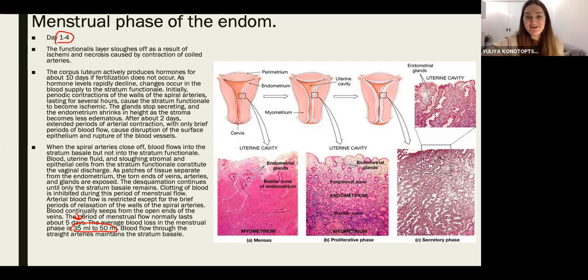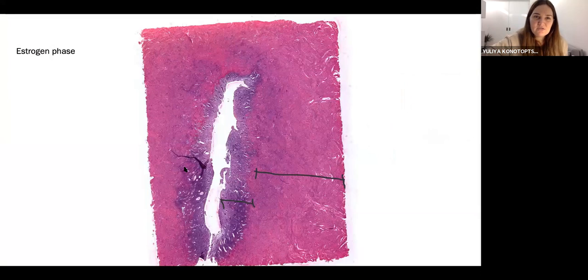It means something is wrong, that you're making less blood, that you're not under hormonal stimulation as you should be. But just 35 to 50 milliliters, that's the normal according to the anatomy department. Okay, so that's your uterus estrogen phase. If it is the estrogen phase, what's another name for it?